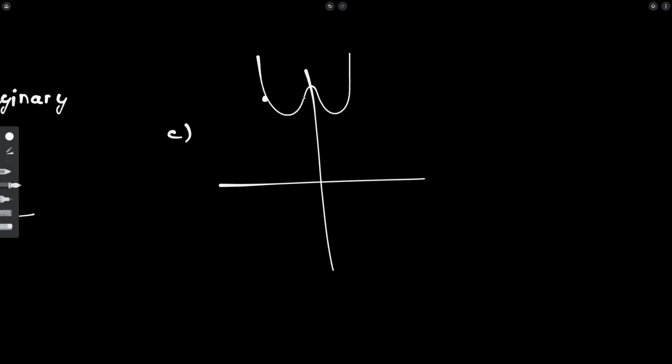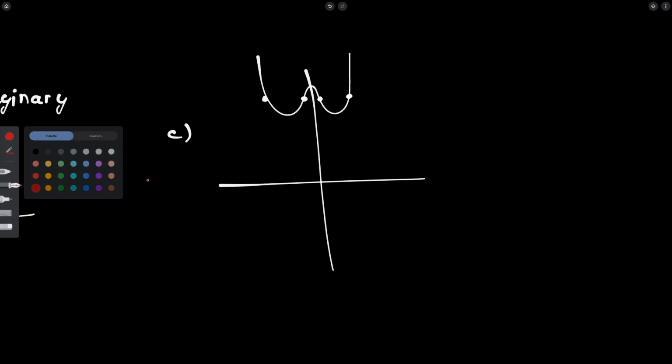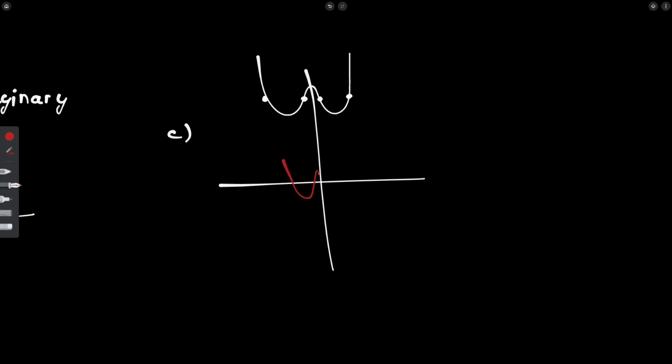We have 1 solution, 2 solutions, 3 solutions, 4 solutions, and if we move the graph down towards the intercept here, we would have 1, 2, 3, 4 solutions. But because this is the original graph p of x up here in the white, it has 4 complex solutions.